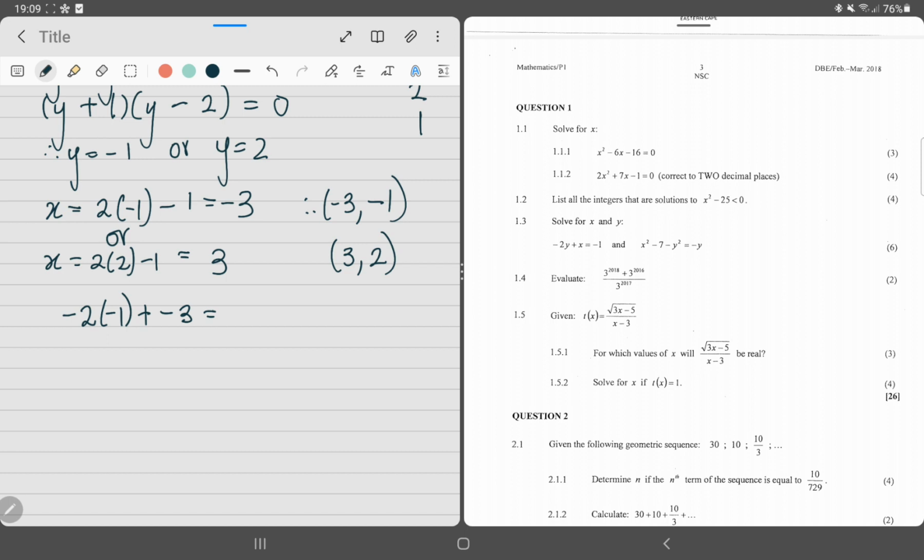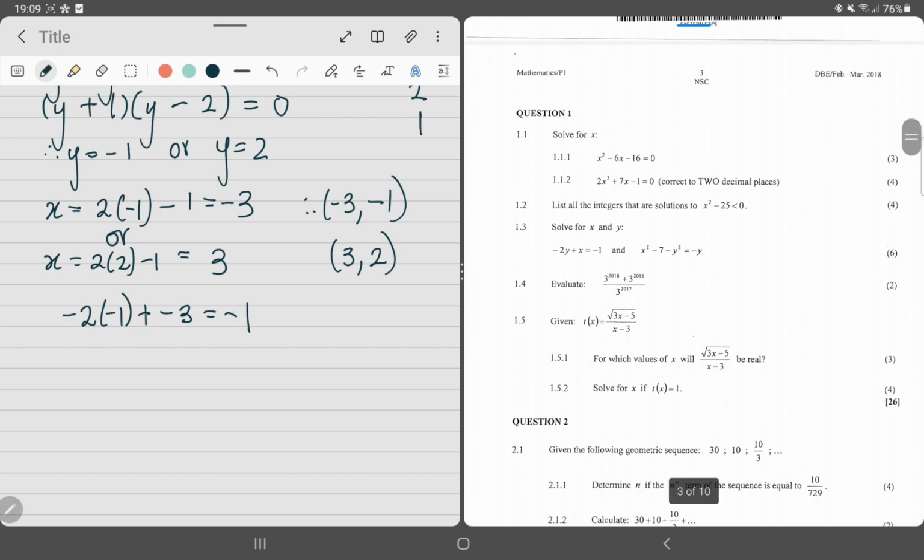So this should be equal to negative 1. So yeah, I'm getting negative 1, which is what I was given there. And then the other one, x should be 3, and then my y should be 2.